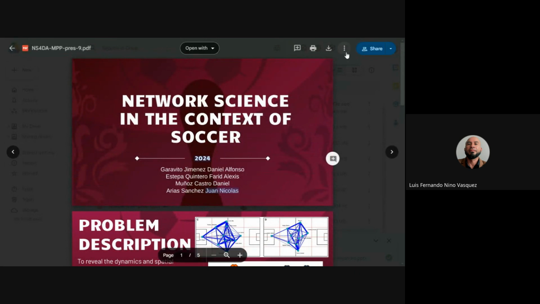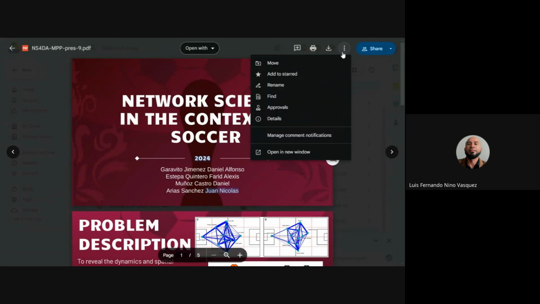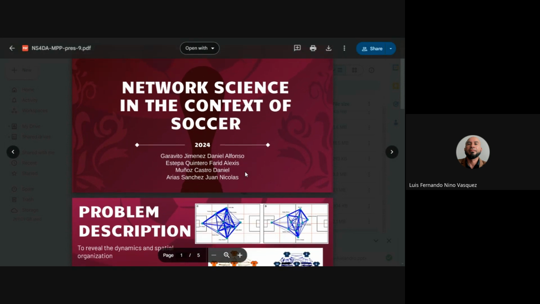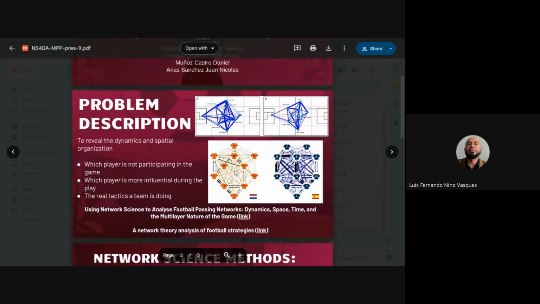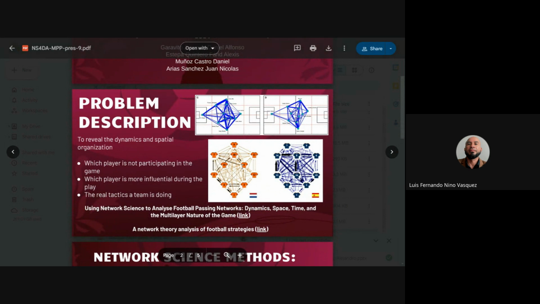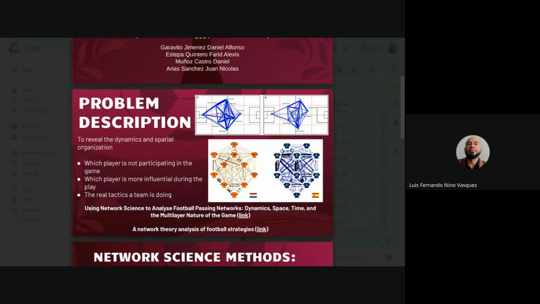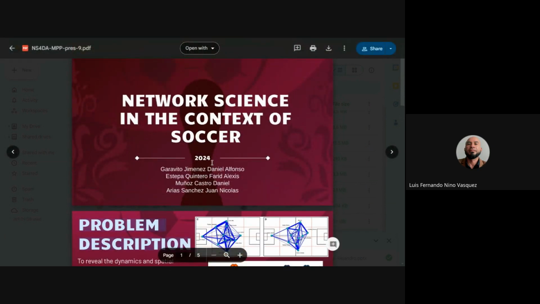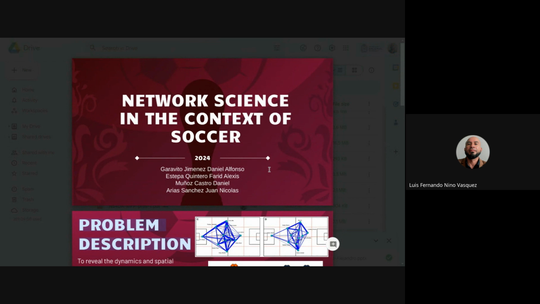I don't want to waste time in the middle. It shows like that because it is a PDF. Yes, I know. But anyways, I think I can scroll it. Okay, you can see it, right? Yes. Let's get started then.